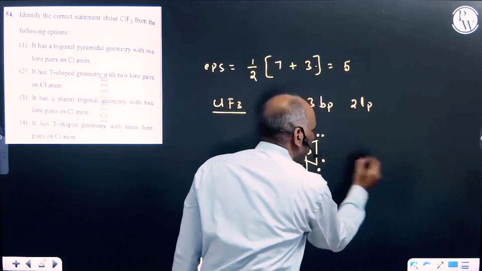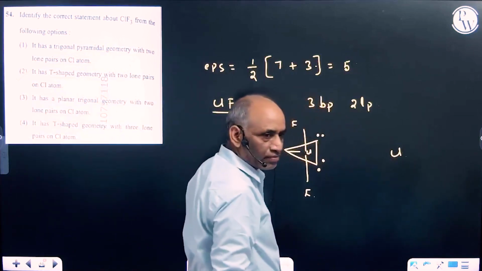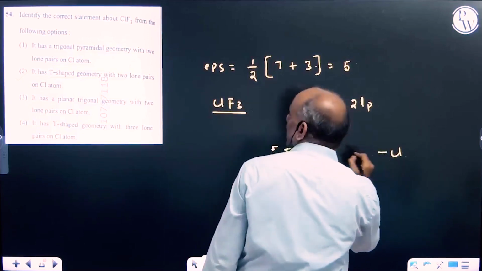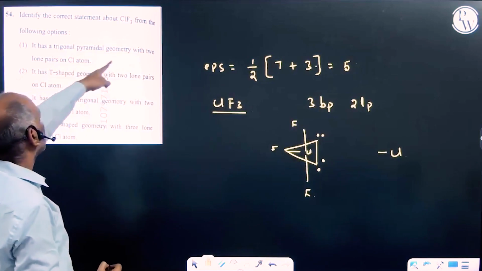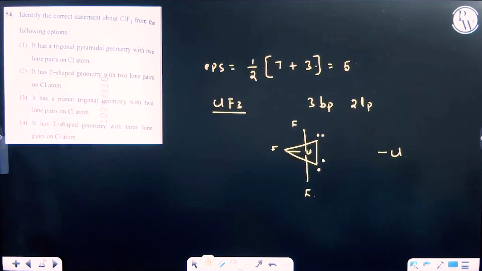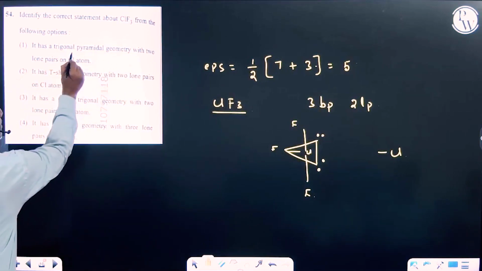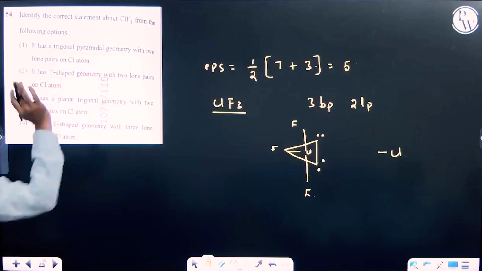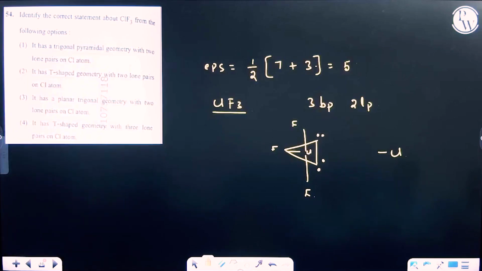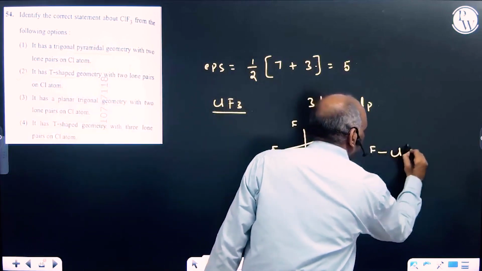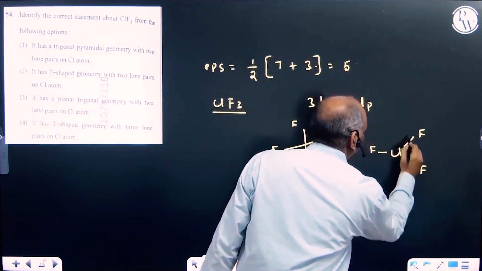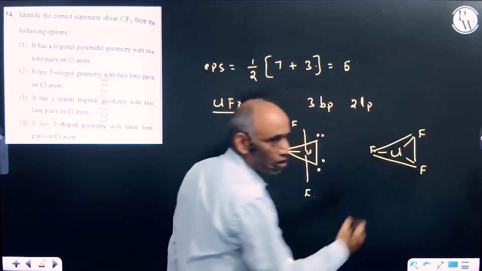So there is another possibility you may be thinking. Here it is given as trigonal bipyramidal geometry with two lone pairs on the chlorine atom. Since it is given as pyramidal, don't get carried away. And also don't think that these atoms will lie in this manner and give rise to a planar molecule.